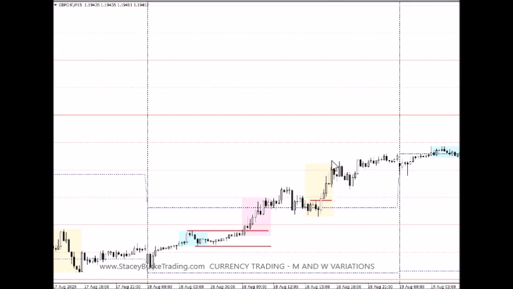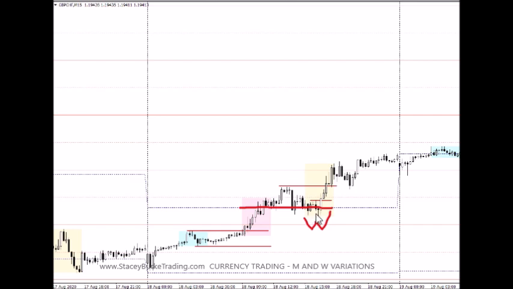We talk about a type 3 M and W. The W formation forms at the high of the day on a type 3, and obviously on the low of the day if it's an M formation for a type 3 M. This market broke through the previous day's high, came back 1 push, 2 pushes, 3 pushes in our 12 candle window in the equities hour.